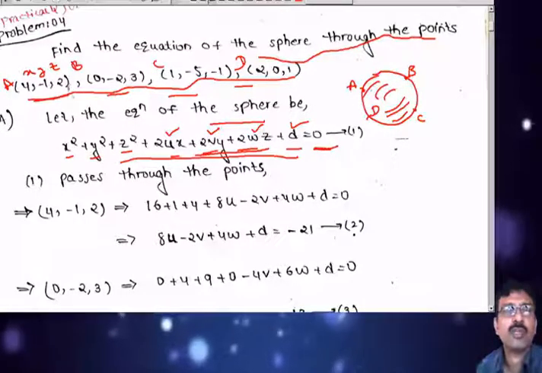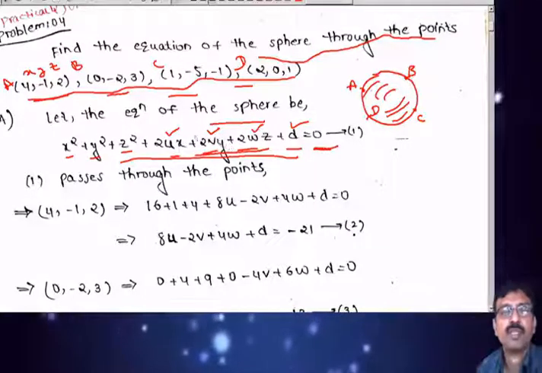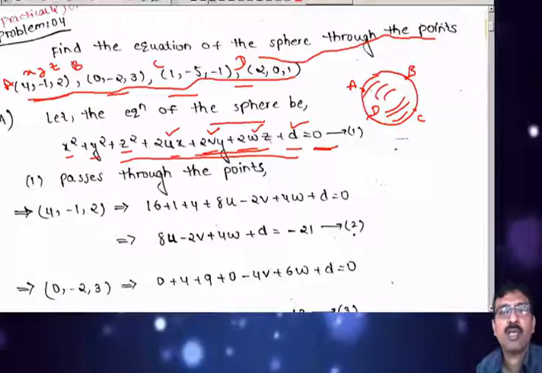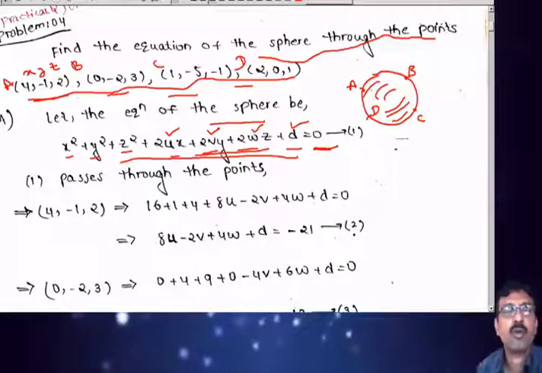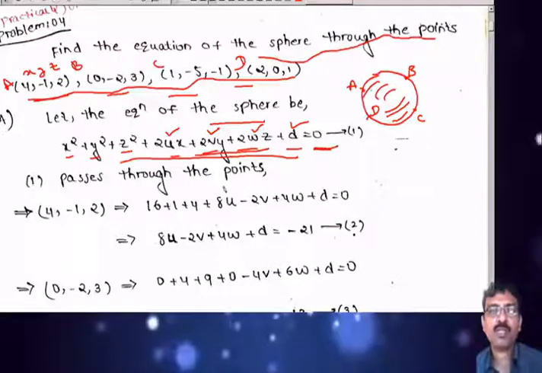So substituting the points A, B, C, D in the equation, that is, replacing the x, y, z values by the coordinates, we get 4 equations.